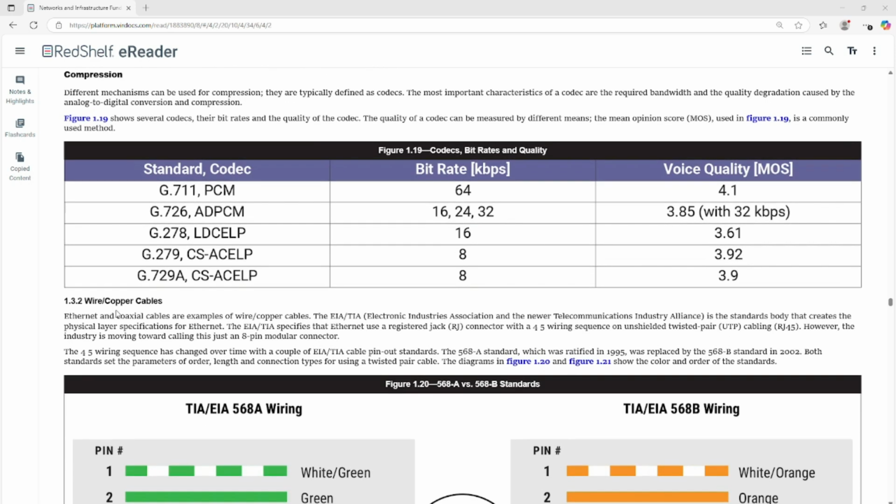Let's get to wire and copper cables. Another means of data transmission here is the use of wire and copper cables. Ethernet and coaxial cables are examples of wire and copper cables. I did mention a case of plugging an Ethernet cable into a computer that is hardwired to a router, right?